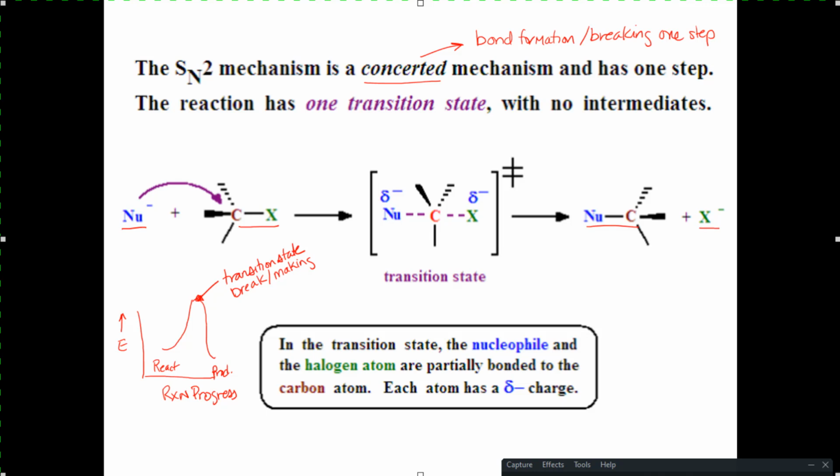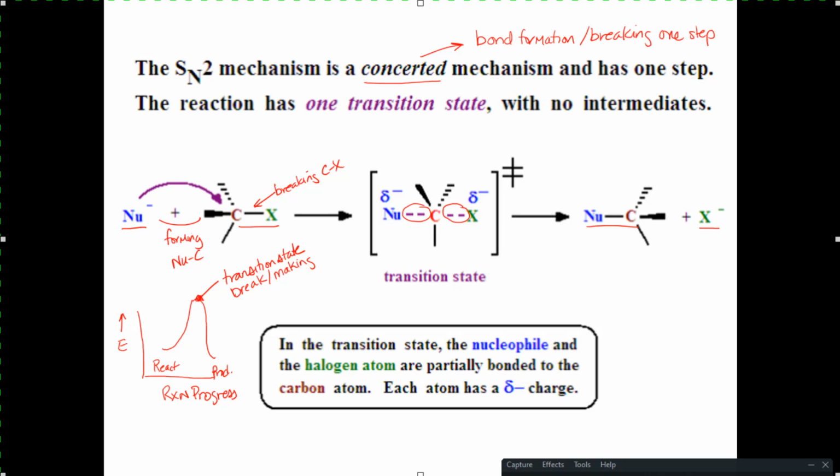What's in between is that I'm forming the nucleophile-carbon bond, and I am breaking the carbon-halogen bond. So in between the reactants and products, I'm going to have a point where I have a partial bond being formed and a partial bond being broken.